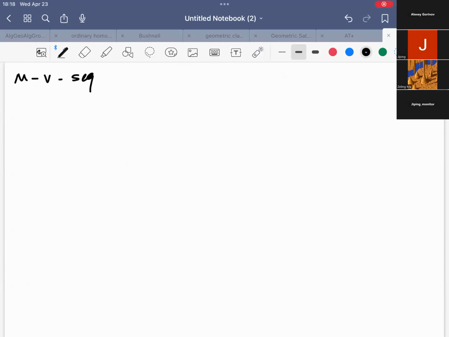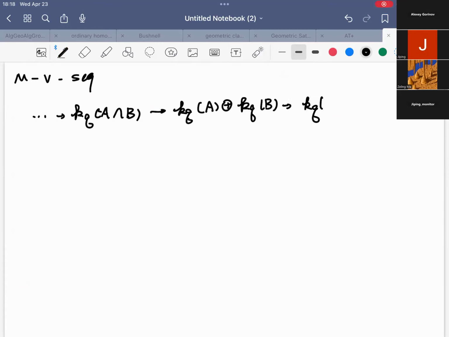We have KQ, the ordinary homology, of A intersection B, to the sum KQ of A and KQ of B, and then you take to KQ of A union B. A union B is the telescope.